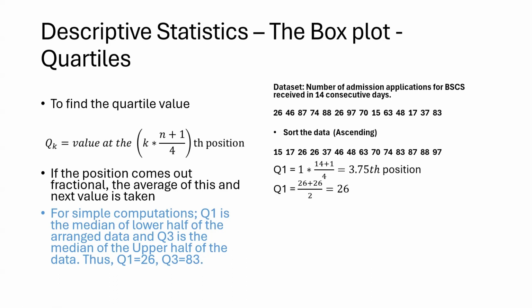So Q1 comes out to be, here we find the third and fourth value, 1, 2, 3, and 4, (26 plus 26) by 2 is 26. So Q1 is 26 here.